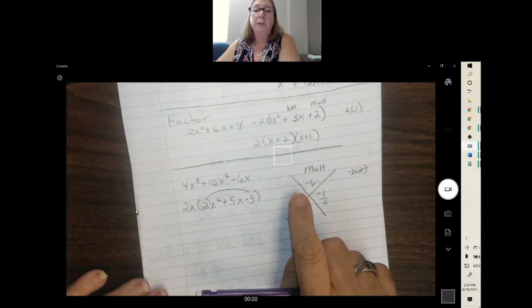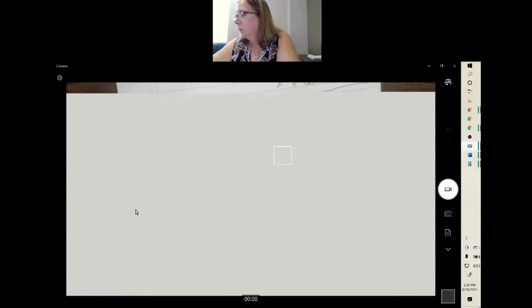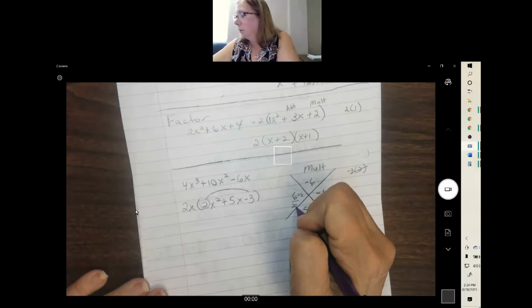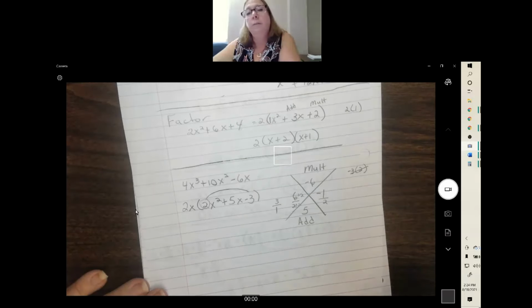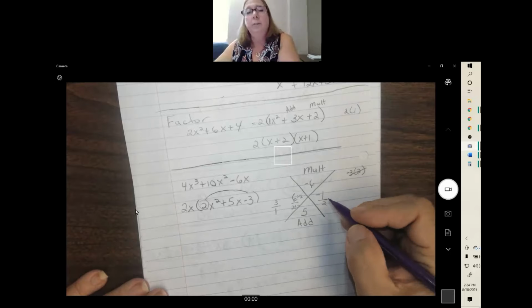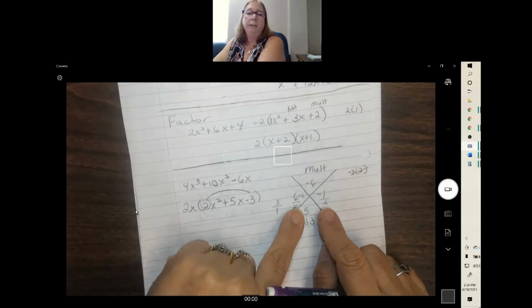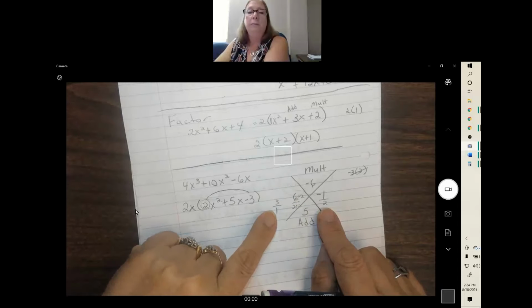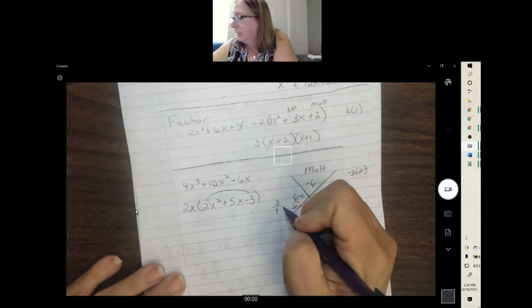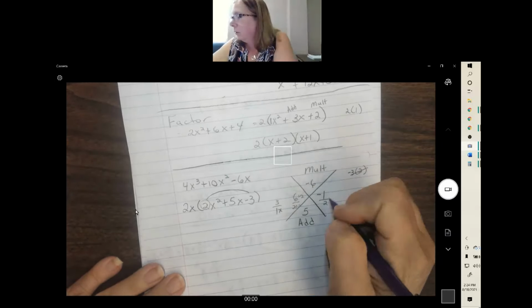This will reduce by 2. So I get 3/1. This one doesn't reduce. So I divided by my leading term, and then if it can reduce, you want to reduce it. Then to write the factor, put an x in the denominators.